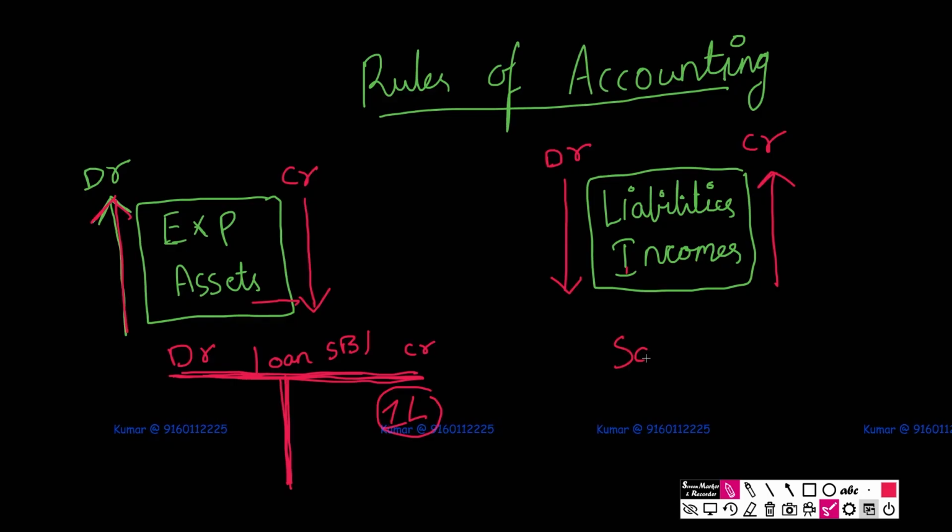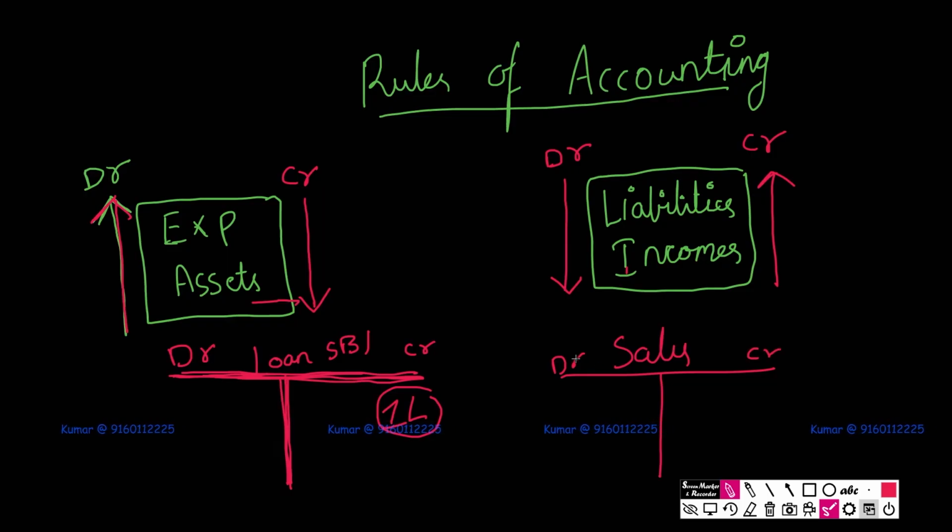For example, sales. I have done some sales. Again, debit and credit are the same. This is income. When I sold some goods, is it increasing or decreasing?